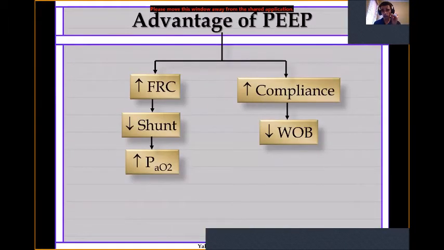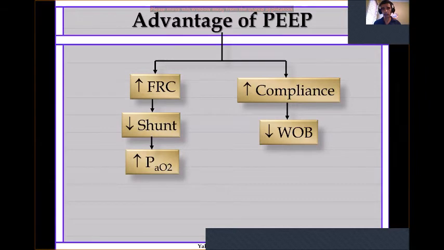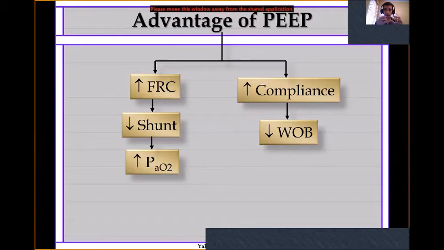What is the advantage of PEEP? It increases the FRC, functional residual capacity. By improving the FRC and increasing the contact between the alveolar wall and the capillary, it prevents shunting. What is shunting? You have an artery and you have a vein, and in between there is a capillary. The artery brings the non-oxygenated blood and sends it to the pulmonary vein after oxygenation.